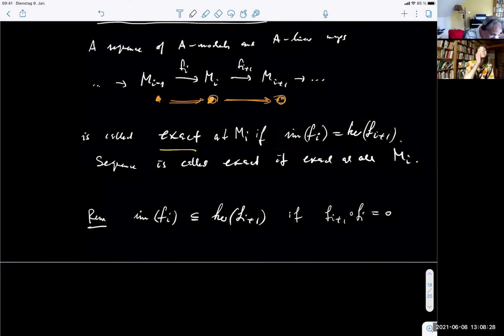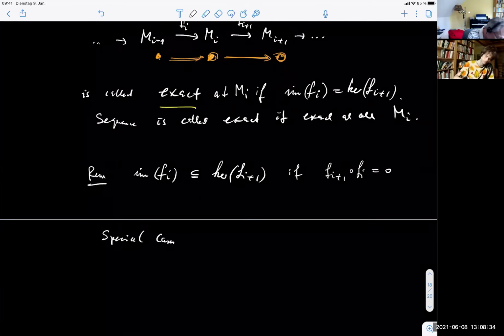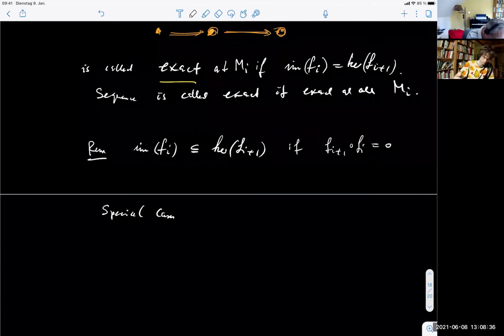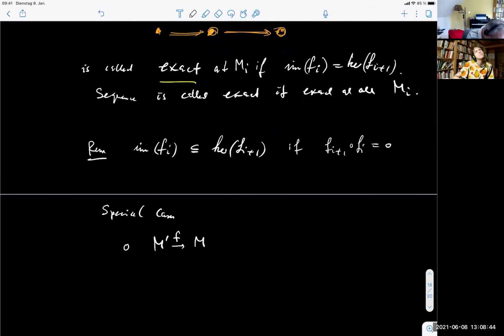So let's look at some special cases. For instance, this sequence just has two terms, M prime and M, with a map f, and let's put a 0 at the left end. So 0 is also a module, the zero module, and the map from 0 to M is of course the 0 map.